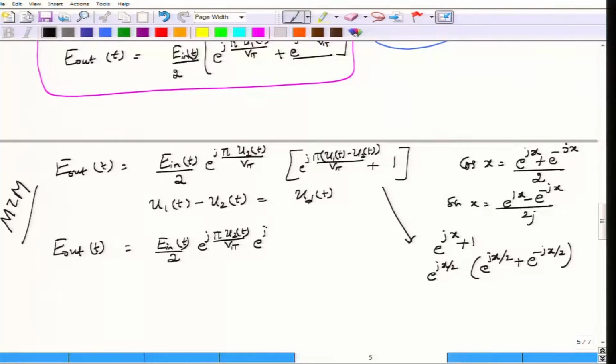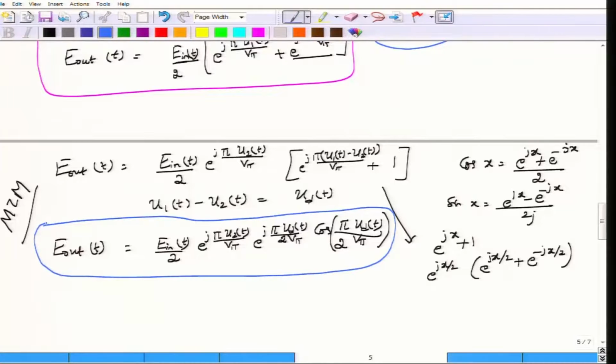I have taken e to the power j pi u d of t divided by 2 v pi, and in brackets what I have is e to the power j pi u d of t by 2 v pi plus e to the power minus j pi u d of t by 2 v pi, which is actually nothing but cos of pi u d of t divided by 2 v pi. So, let me just write this here to show it correctly. So, this would be pi u d of t by 2 v pi. This would be the simplified electric field of the output, after taking out some terms which are constant.